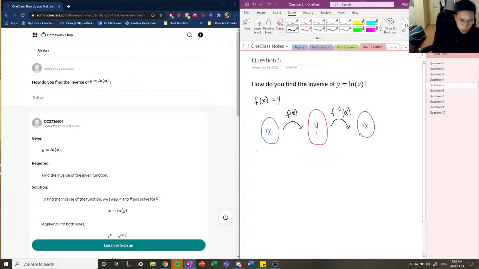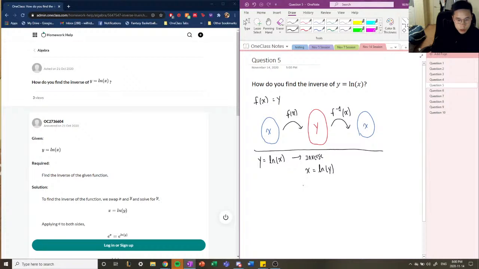When they're asking us to find the inverse of y equals ln x, there's a technique we can use: we swap the places of x and y. So if our original function was y equals ln of x, we first swap x and y. Now we have x equals ln y, and we solve for y. Let's apply Euler's number to both sides.